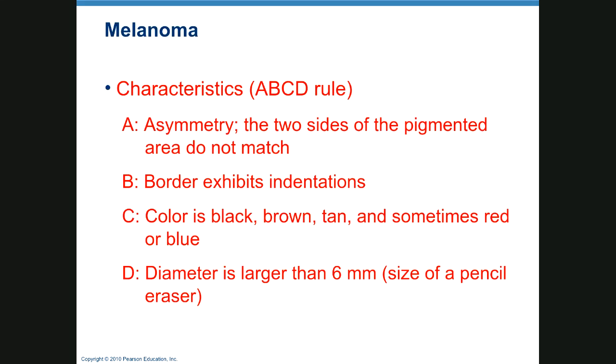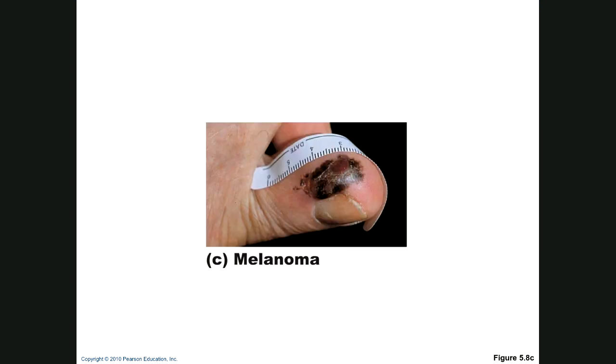So asymmetry, borders that have indentations. C is for color. The lesion typically has more than one color. So it may be blue and dark brown, or black, sometimes reddish. So again, take a look at the picture here, and you can see how the center of the lesion has a lighter color than the edges, which are darker. And the D stands for diameter.